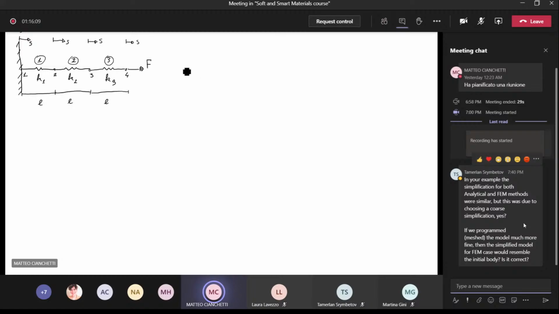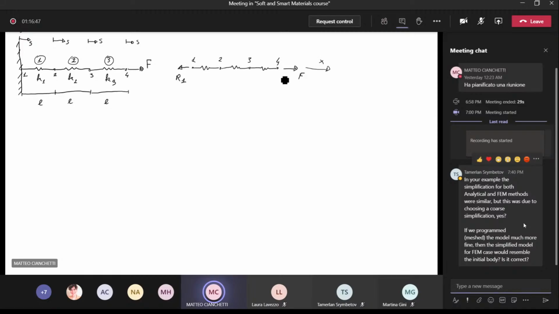Well, in general, what we should do is to consider the 3 elements, sorry if I rewrite it, but it is too close to the left side. There is a resistant force here on the first node, and the force that we are considering is applied on the 4th node along the x-axis.